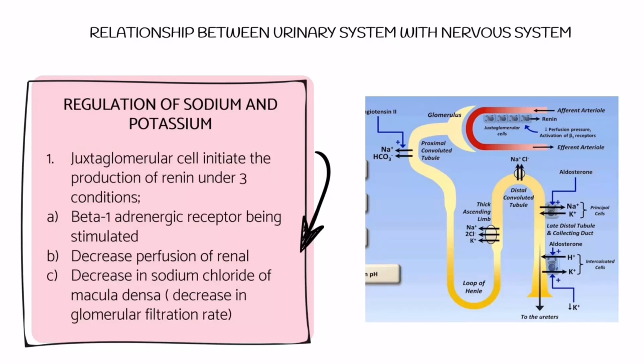Everyone must be wondering what cell will initiate the process of this regulation of the potassium and sodium ions. The answer is juxtaglomerular cells.